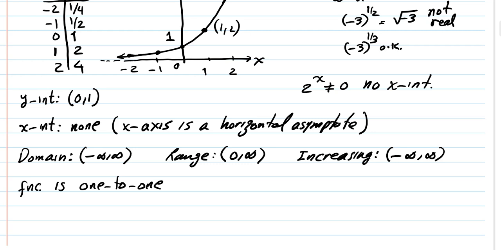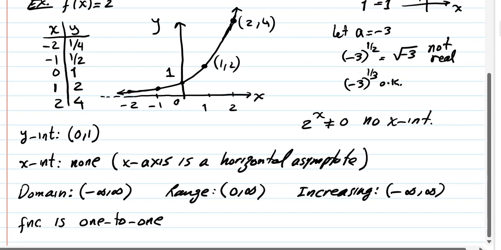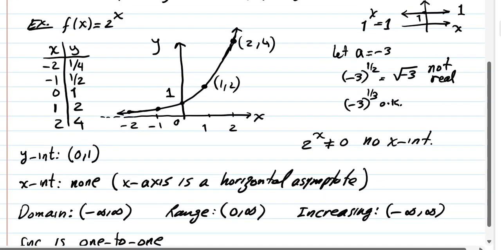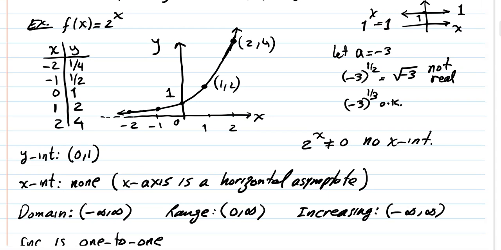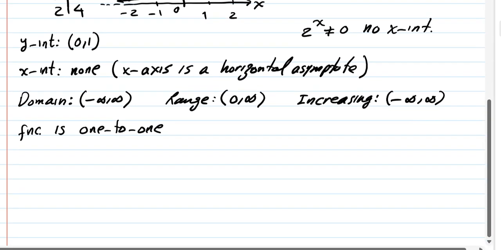So it is possible to establish two-way communication using exponential models. Right? And there you have it. So this is, again, general information about the graph of f(x) = 2 to the x. Now, if this was 3 to the x, 4 to the x, in fact any base greater than 1, all of this information would still work. What I have here works for as long as the base is greater than 1.